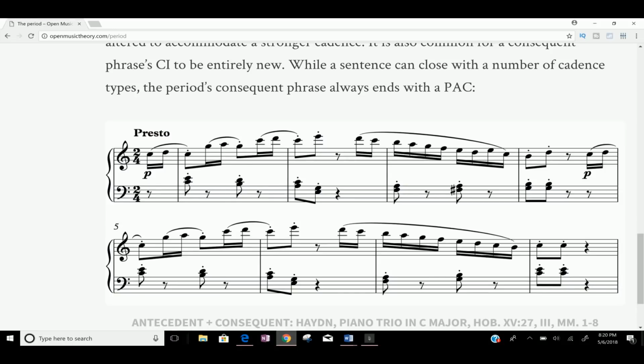It rises, and then it has a contrast to it, and then it starts this same thing again. So when we start our next two measures, we're literally going to do the same thing we did before. We're even going to do the same thing we did before leading into the end, except we're going to change it a little bit to make it seem a little bit more final.